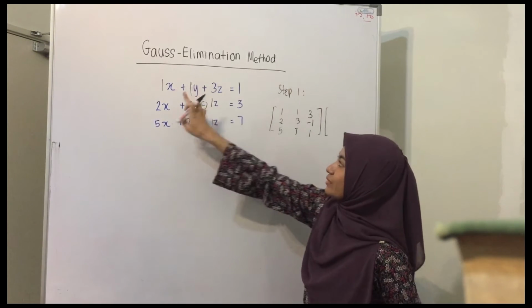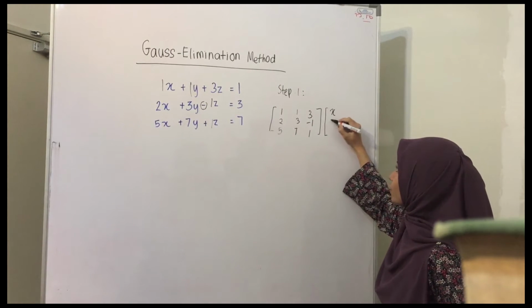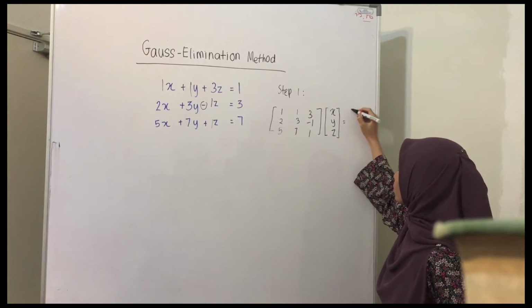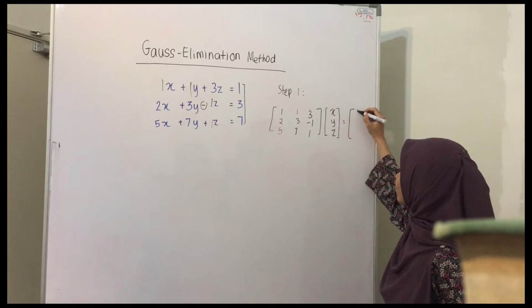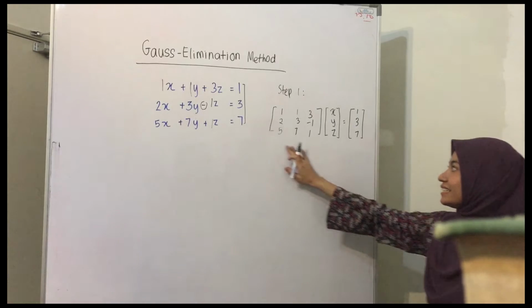The second step is we write the variables, x, y, and z, and we equate them to the constants, which are 1, 3, and 7, like this.